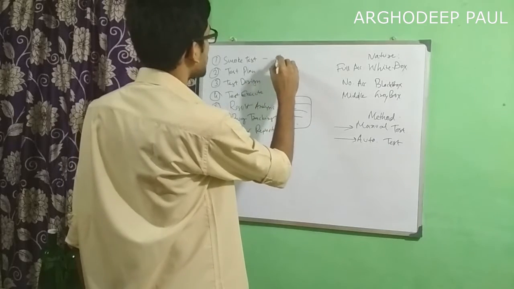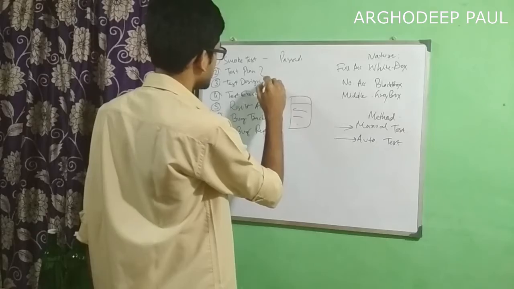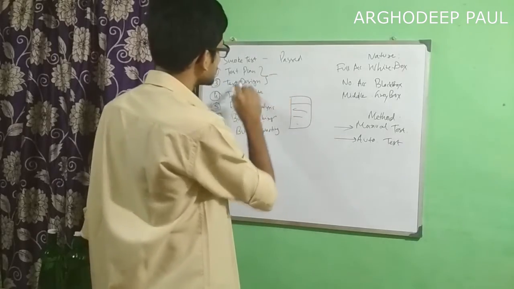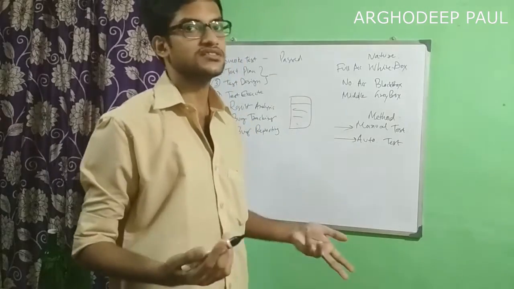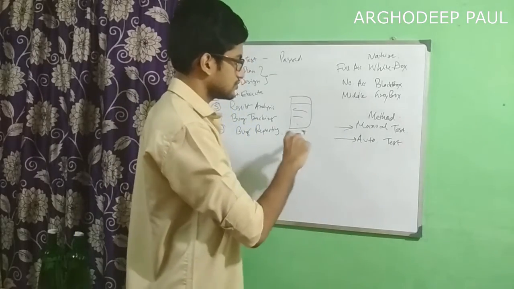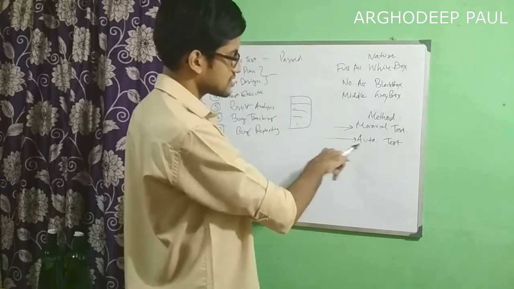Smoke test is already passed. Then test plan and test design. These two phases decide what our strategies for checking should be. This goes for both manual test and automatic test.